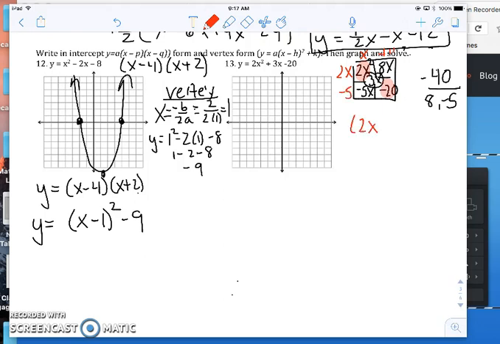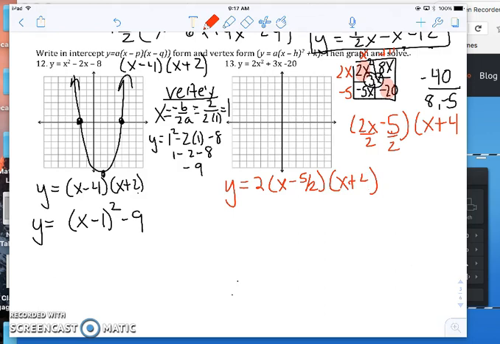So if we have 2x minus 5, and x plus 4, well, we have to have that a in front, so divide this one by 2. So that first form would be 2 times x minus 5 over 2, x plus 4. So those intercepts would be at -4 and 5 over 2, so 2.5.